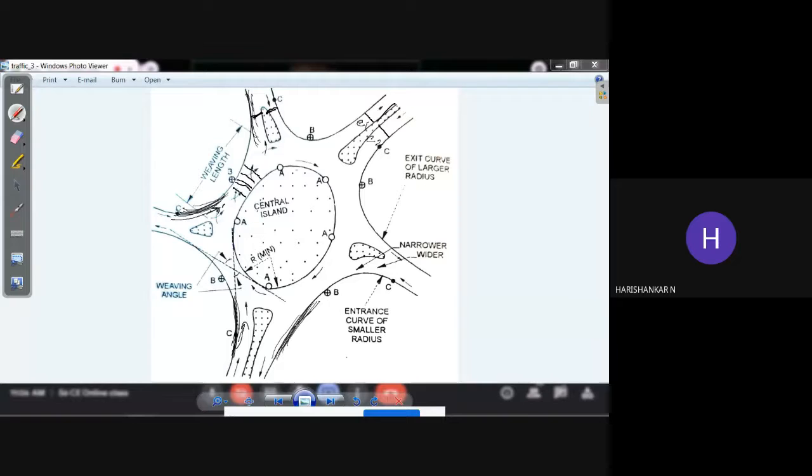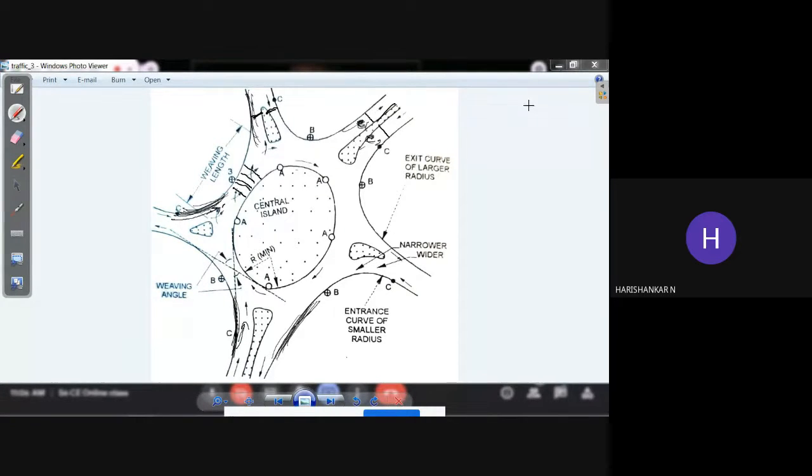E1 is the width of the road at which the vehicles enter, and E2 is the width of the road at which the vehicle leaves. Those two widths are known as E1 and E2.